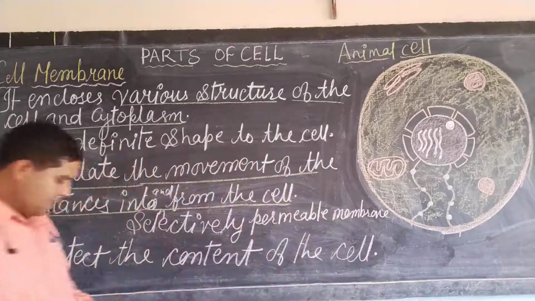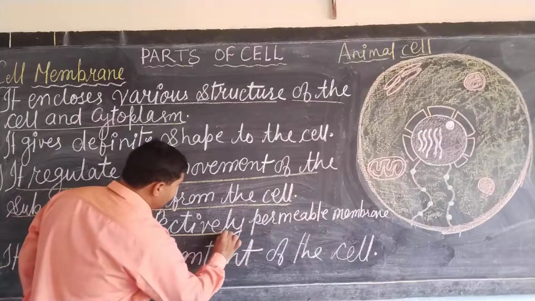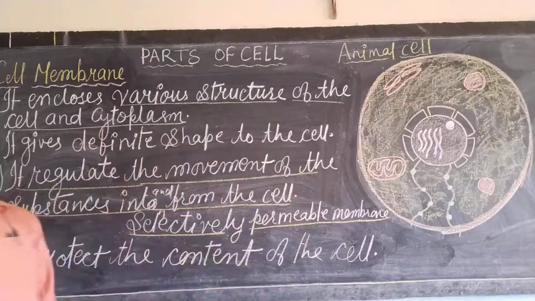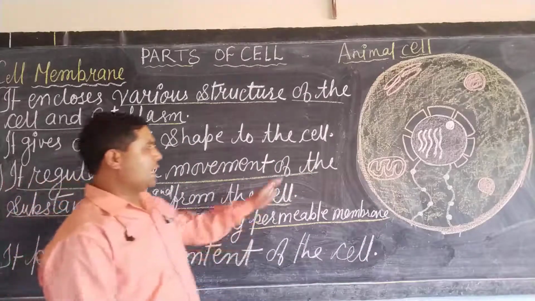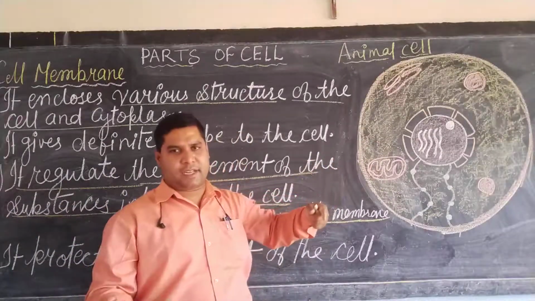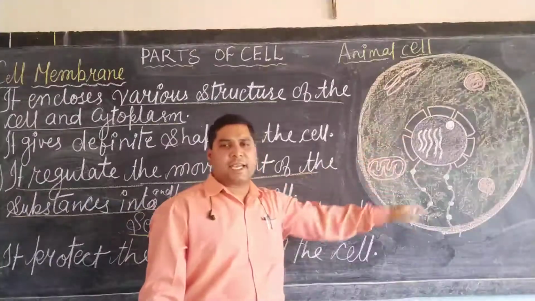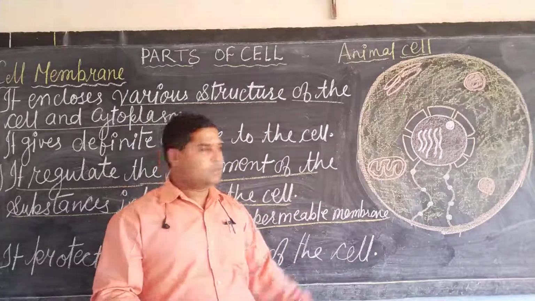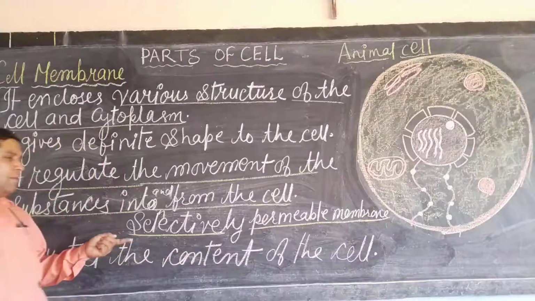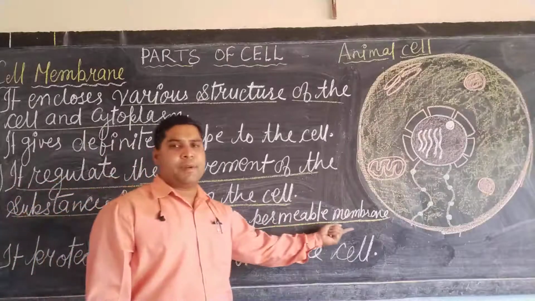So dear student, due to its main function, that it allows only those substances to enter the cell which are essential for the functioning of the animal cell, and those inside the cell which are of no use are removed, the cell membrane is also known as a selectively permeable membrane.